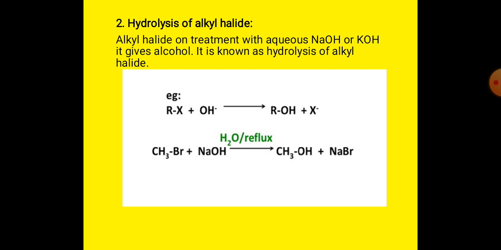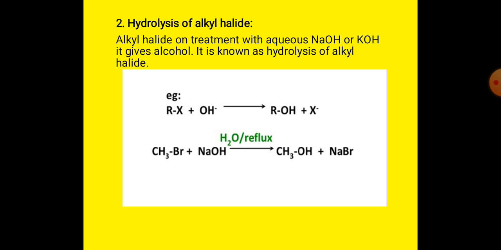It is known as hydrolysis of alkyl halide. This reaction forms alcohol by replacement of the halogen atom by a hydroxyl group.